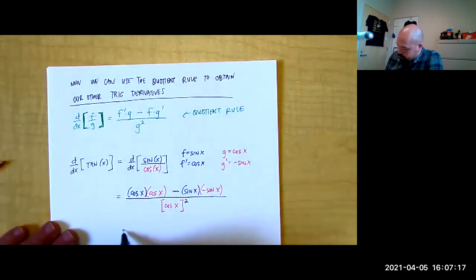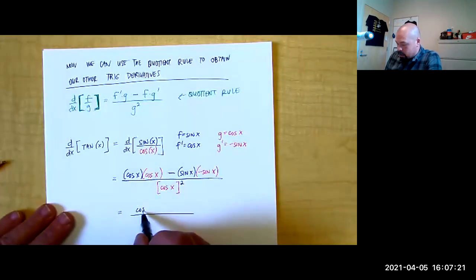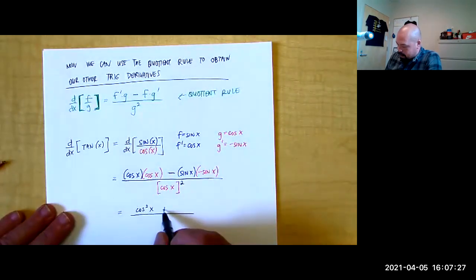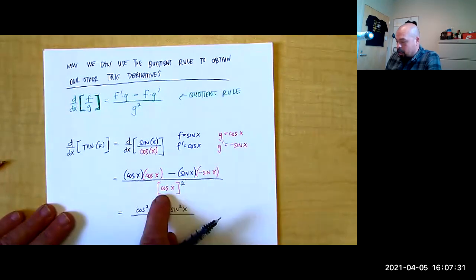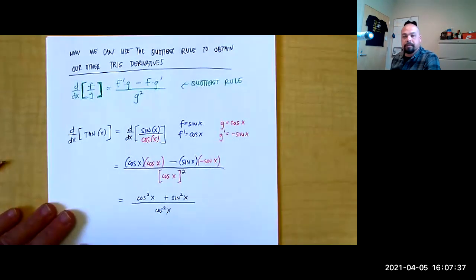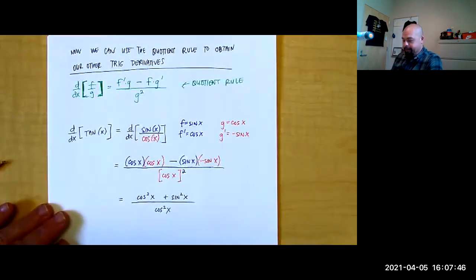And now, simplifying, cosine times cosine, the cosine of x squared, or the cosine squared of x, negative, negative, positive, sine times sine is sine squared x, all over the cosine of x squared, or the cosine squared of x. I'm not going to try to cancel. I can't cancel with that addition anyways.